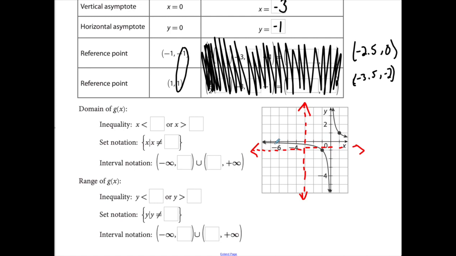Now at -2.5, I'm at 0. All right. And at -3.5, I'm at -2. So what that tells me is my graph is going to look like this because a point exists, right?